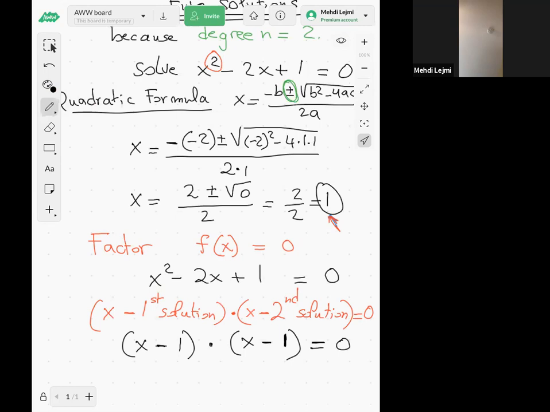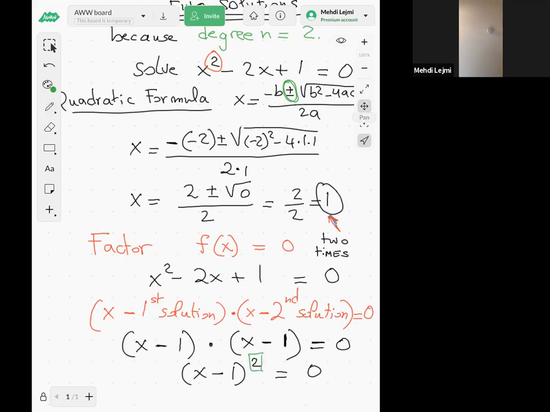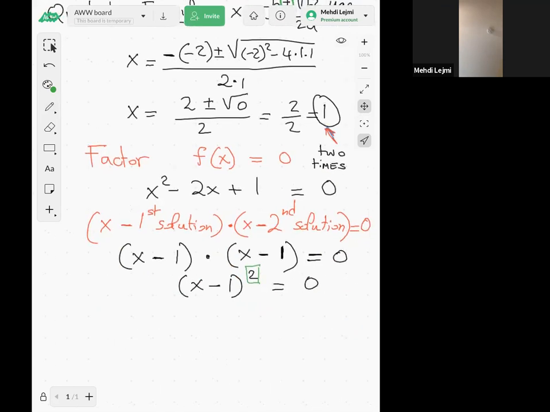All right, this is x minus 1 squared equal to 0. So you see, guys, this one here is actually 2 times a solution of f of x equal to 0, because when you factor, you get x minus 1 squared, right?